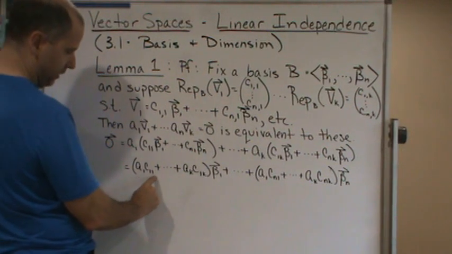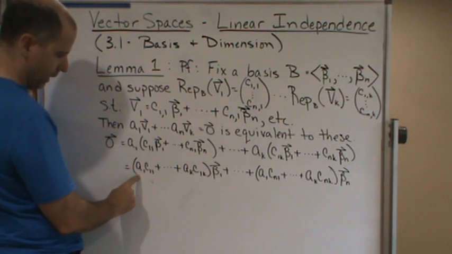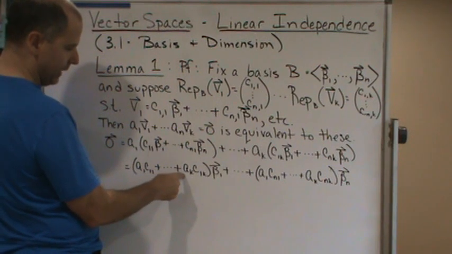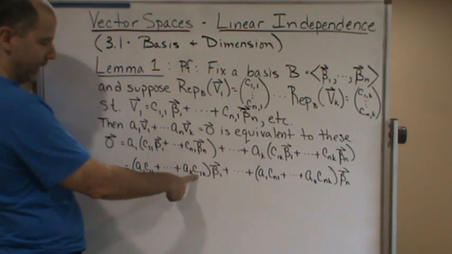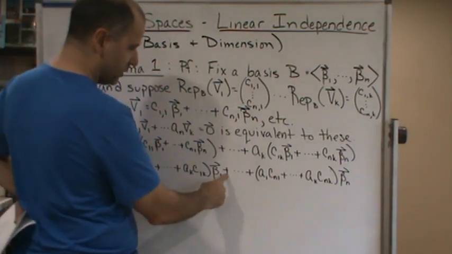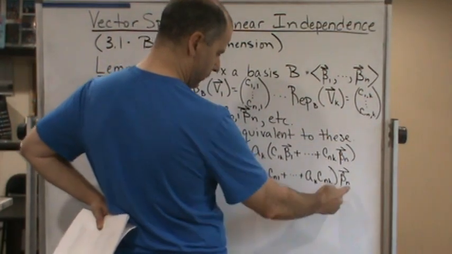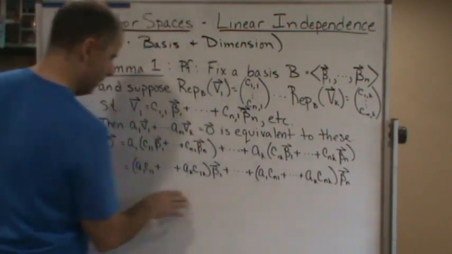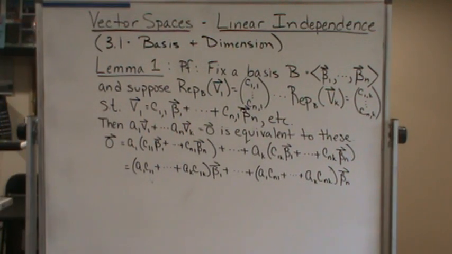So then it becomes the linear combination of these coefficients: a1 times c11 plus all the way to a sub k times c sub 1k, times this quantity, times beta 1, plus all the way to this one here. Now, this is equal to the zero vector. And these are equivalent.